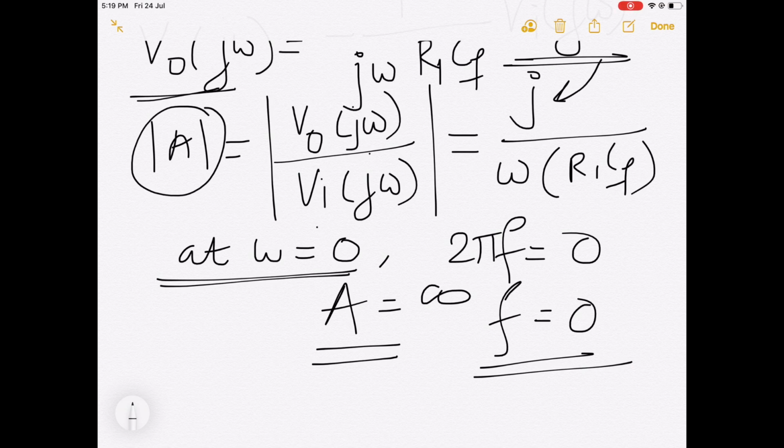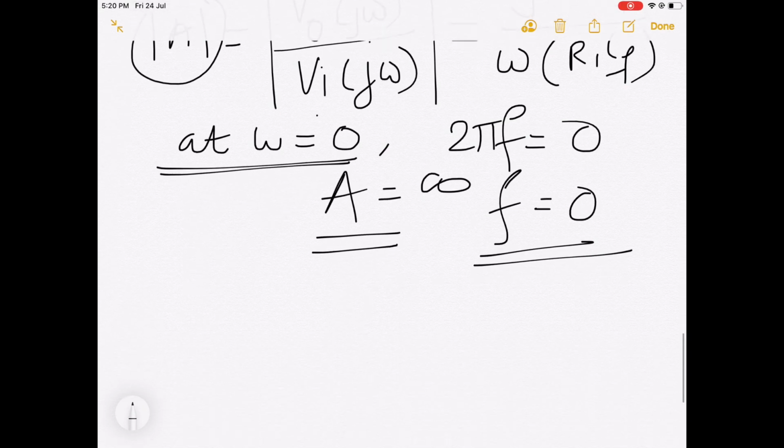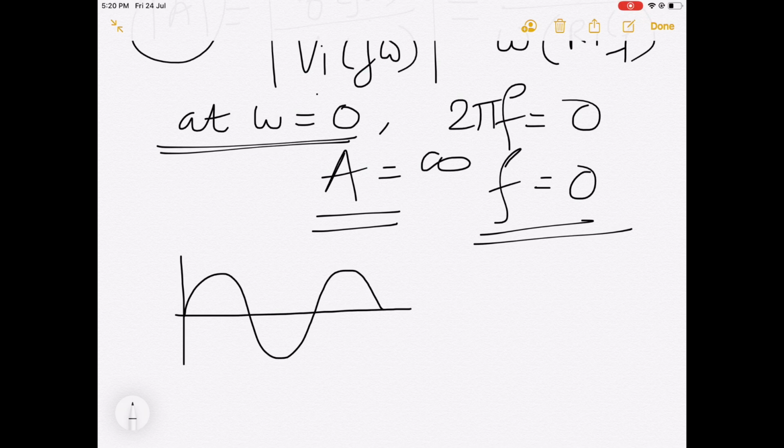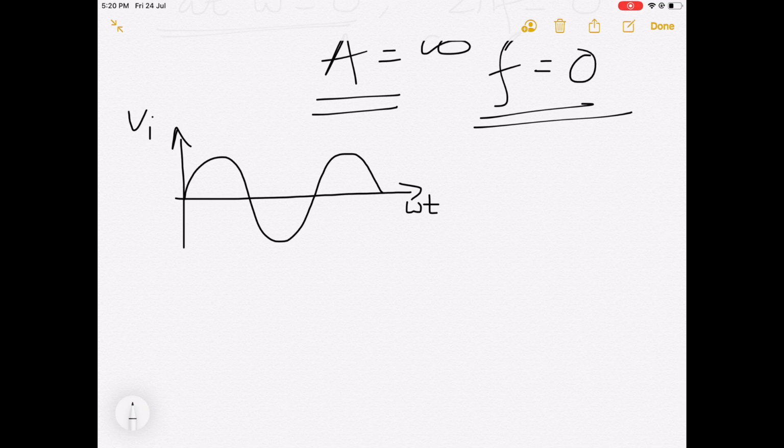Now we apply sinusoidal and square waveforms at the input of the integrator and see the corresponding output waveforms of the integrator circuit. Suppose first I am applying a sinusoidal input. So this is Vi, this is omega t. At the output you will get the integration of sine, which is cosine.